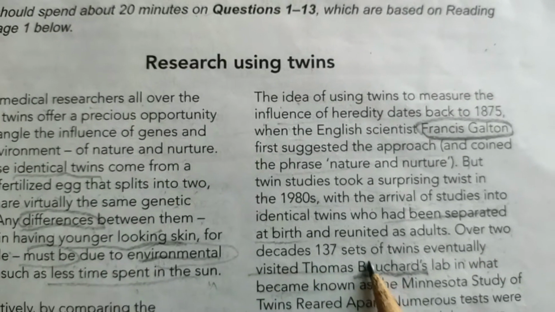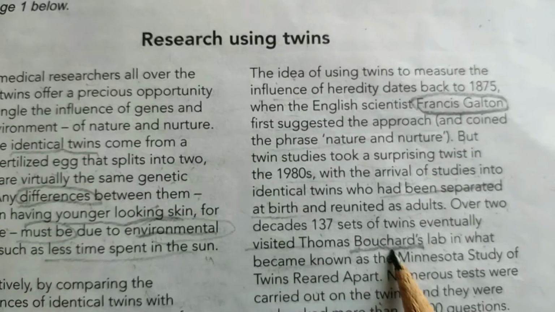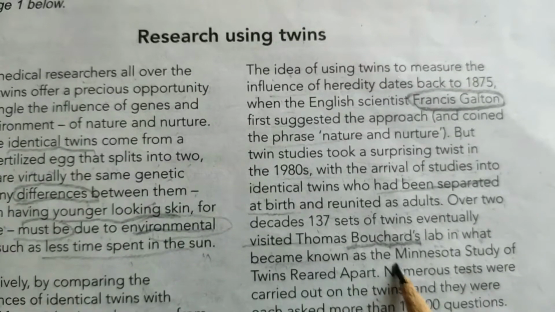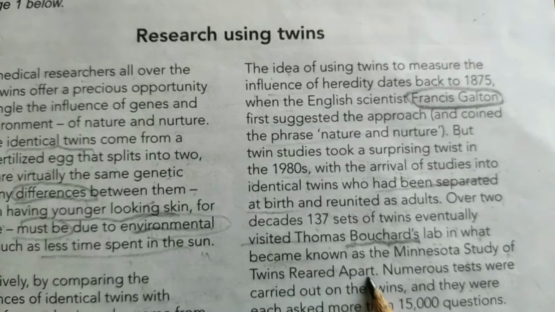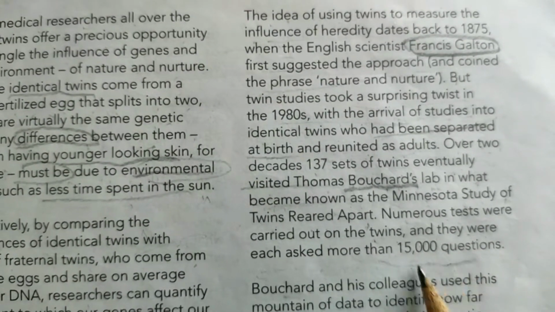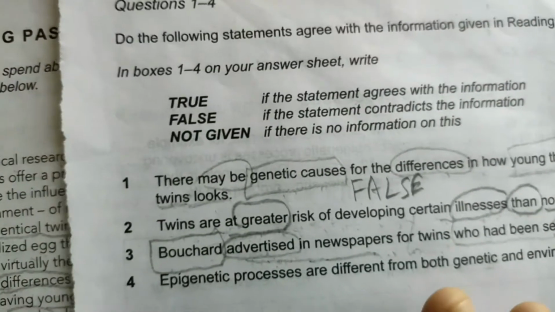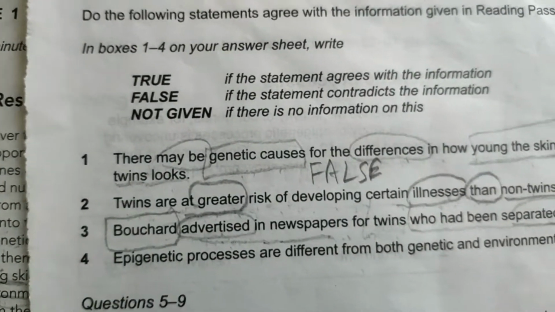Over 2 decades, 137 sets of twins eventually visited Thomas Butcherd's lab in what became known as the study of twins reared apart. Numerous tests were carried out and questions were asked and so on. So this is clearly Not Given. Now, move on to question 4.